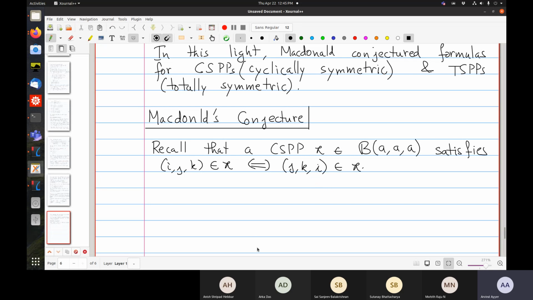So you're switching the coordinate axes cyclically, and this will also therefore imply that kij is okay. And then the cyclic group C3 acts on CSPPs.